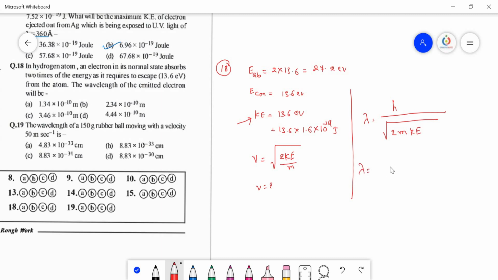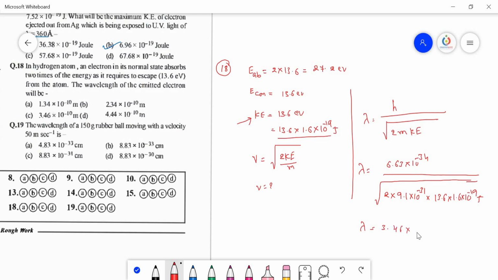So h value is equals to 6.63 into 10 power minus 34 joule seconds, and root over 2 into mass of the electron 9.1 into 10 power minus 31 kg, and the kinetic energy of the electron we just calculated in joules, that is 13.6 into 1.6 into 10 power minus 19 joules. So by solving all these, we shall get the lambda value as 3.46 into 10 power minus 10 meters. So option C is correct.